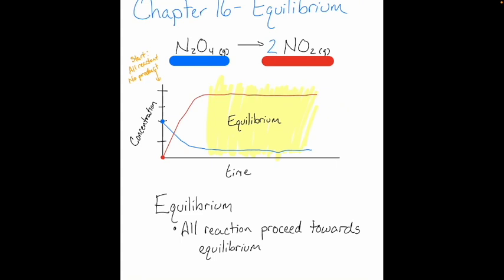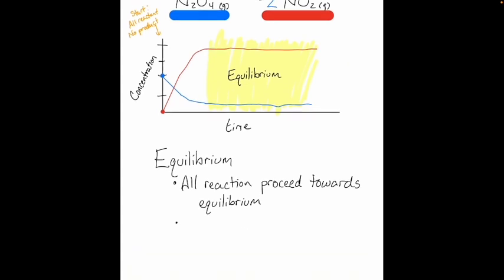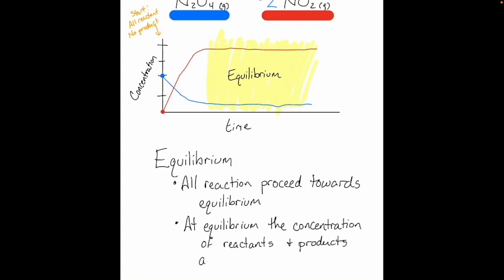Okay. The other thing that we want to note about our region here, we said that these graphs will plateau, right? So at equilibrium, the concentration of your reactants and products are constant.